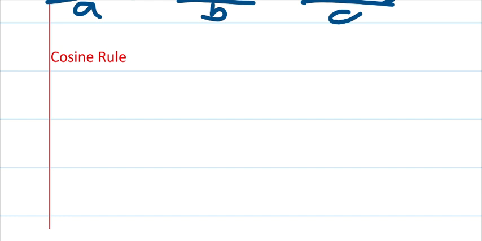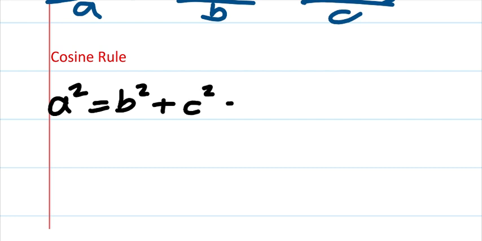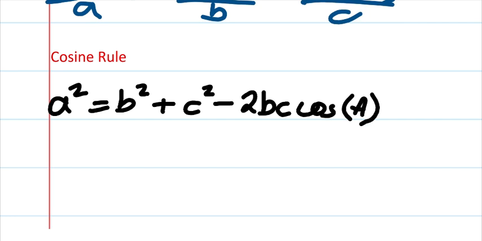So the cosine rule formula is a squared equals b squared plus c squared minus 2bc cosine of A. Again, the lowercase letters are the sides and the uppercase letter is the angle. You should use the cosine rule when you're either finding a missing side when you know two sides and the angle between them, or to find the angle when you know all three sides.